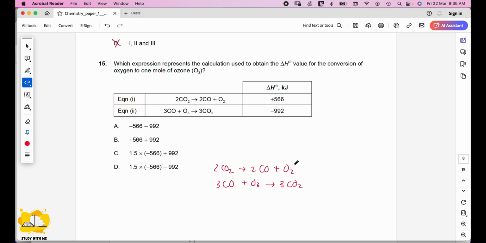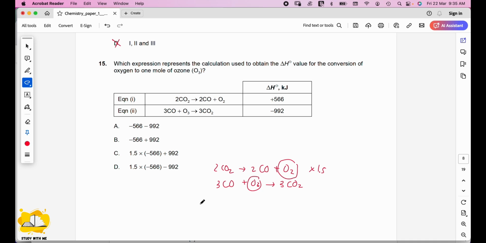Okay, the key here is I want this and this. It means we need to eliminate this and this, I mean carbon dioxide and carbon monoxide. Because carbon dioxide here is 2, but carbon dioxide here is 3, so we need to make this 2CO2 become 3 by multiplying by 1.5.